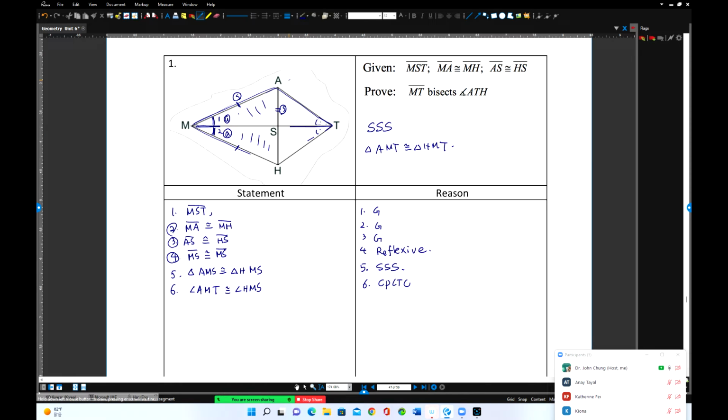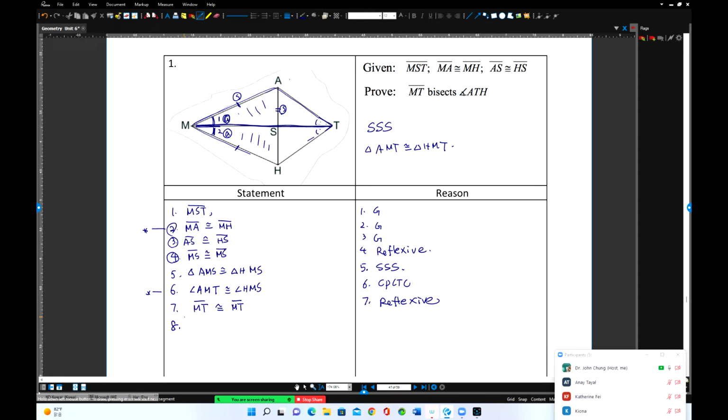So we got already AM, okay, one more over here. MA equals MH. And we got one angle already. Now we got one side all the way over here, right? There is another reflexive. MT congruent MT. Okay, that is reflexive.